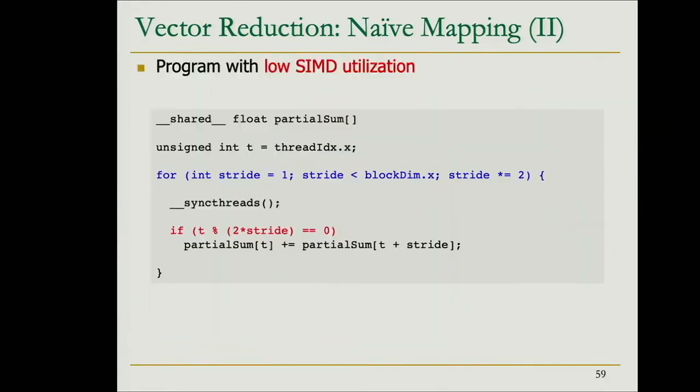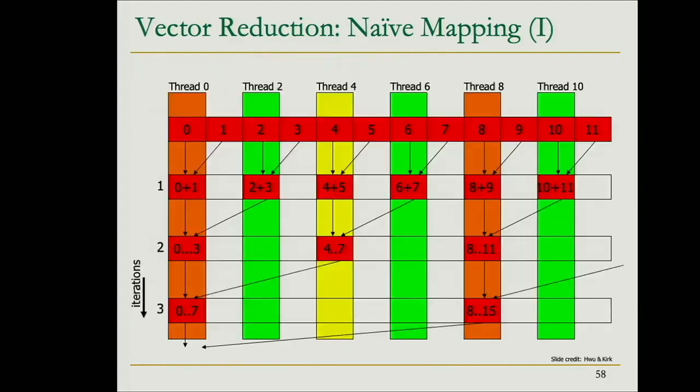Observe that this is a really simple program. Here I have a variable t that represents the thread index, and over the iterations I start increasing the stride. For thread 0, the stride between the two elements it needs to add is only 1. In the next iteration, the stride is 2, then 4, then 8.